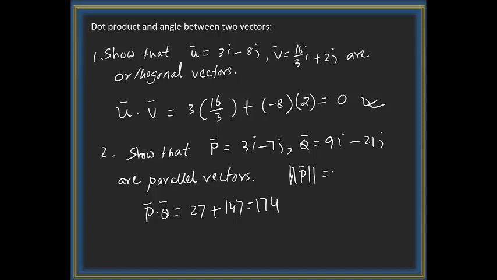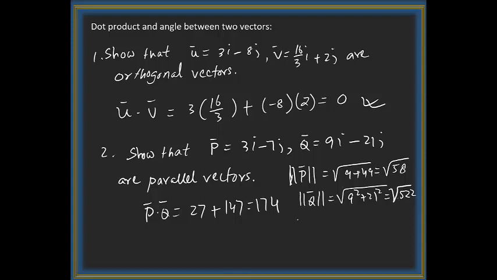The magnitude of P will be the square root of 3 squared plus 7 squared, so 9 plus 49, which is the square root of 58. And then the magnitude of Q will be the square root of 9 squared plus 21 squared, and you simplify and see what happens. We got the magnitude of P is the square root of 58 and the magnitude of Q is the square root of 522.